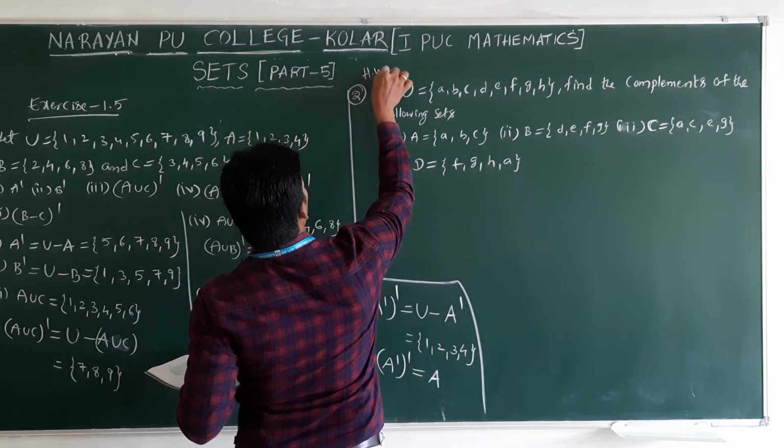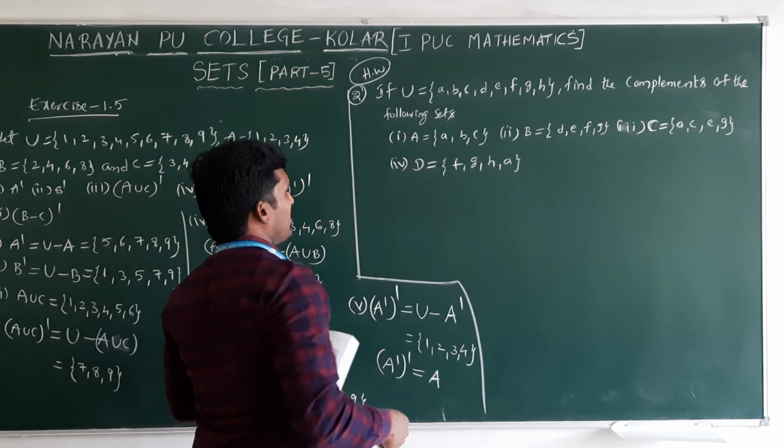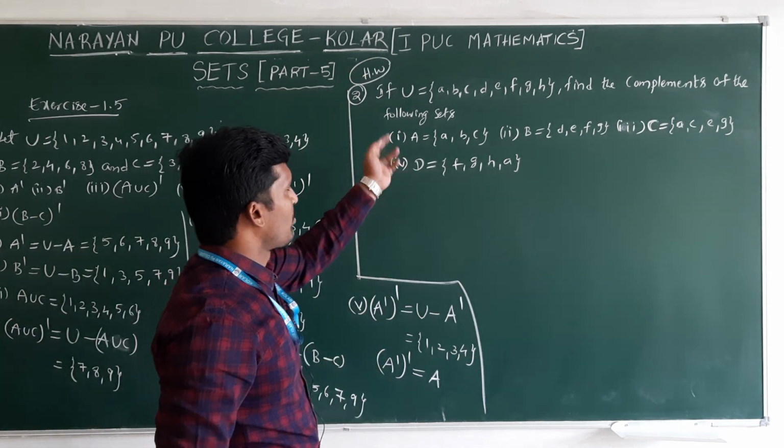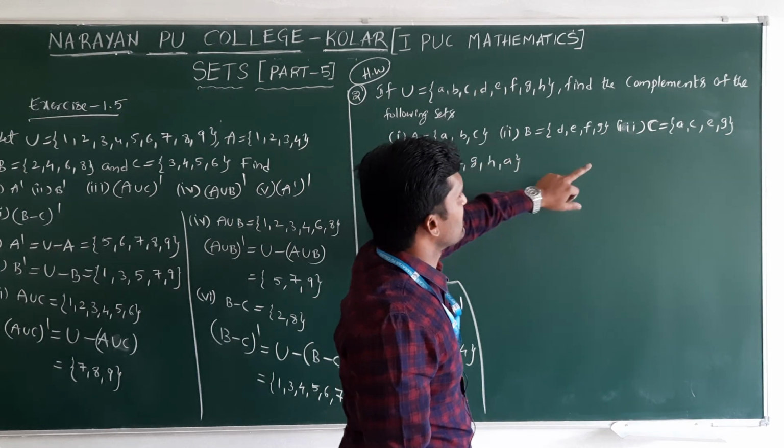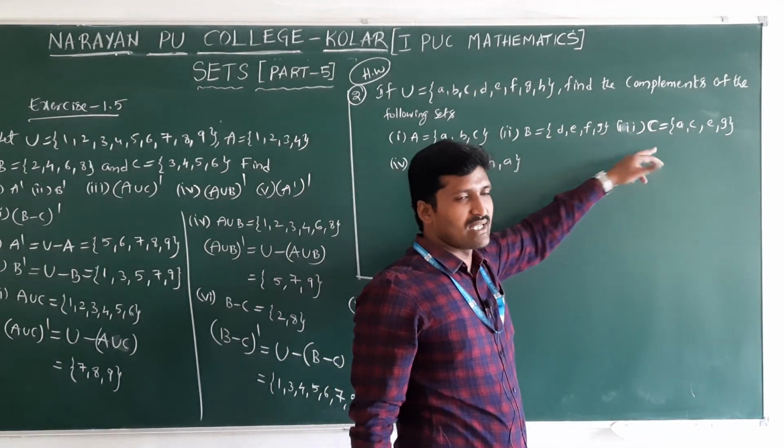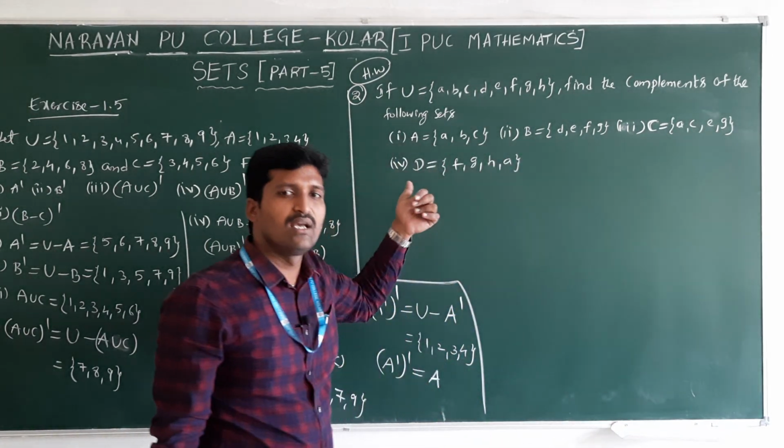For this all A, B, C, D, you need to find complements. A dash means U minus A, B dash means U minus B, C dash means U minus C, like D dash means U minus D, we need to find out.